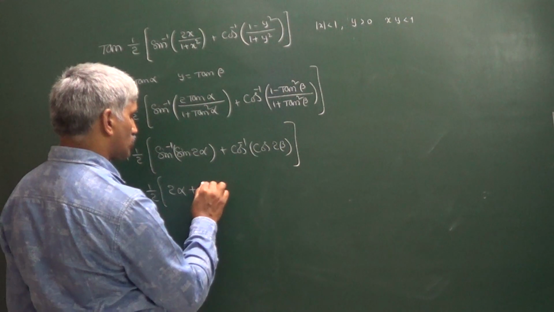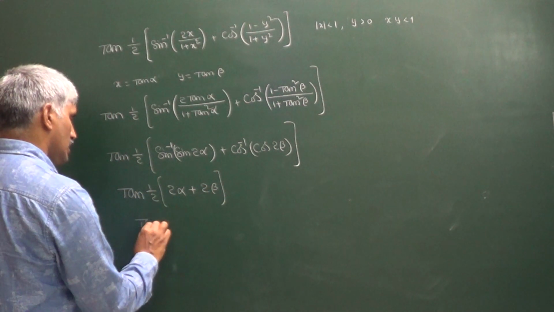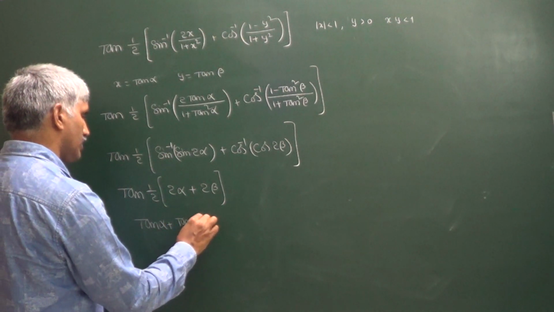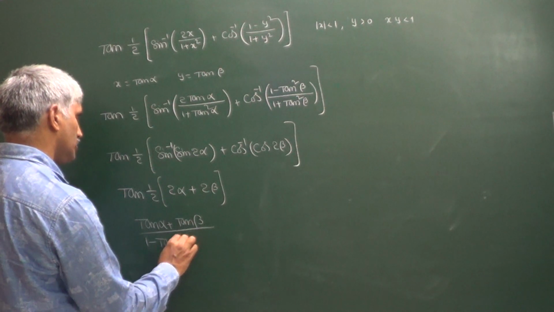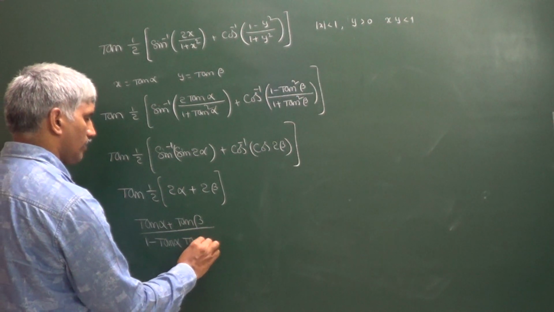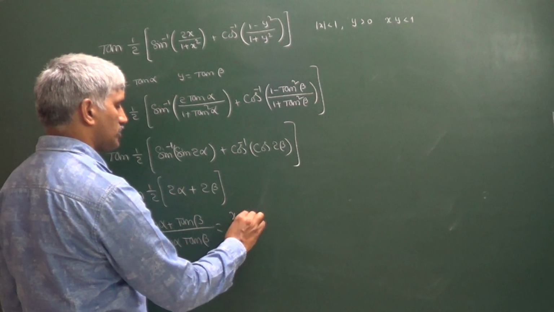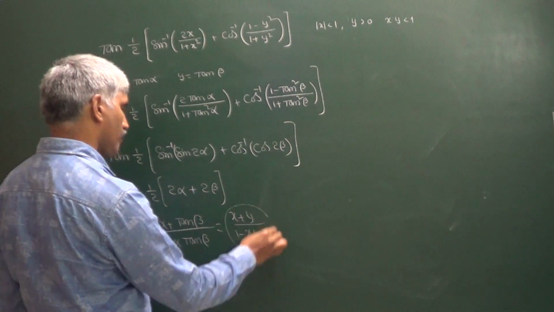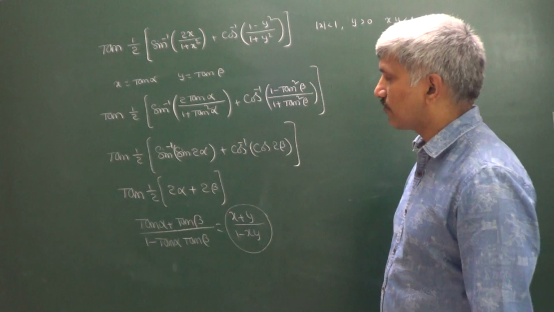Cos inverse of cos 2 beta, we can write 2 beta. Now 2 gets cancelled, tan of alpha plus beta, we can write as tan alpha plus tan beta divided by 1 minus tan alpha into tan beta. But what is tan alpha? Tan alpha is equal to x, so this is x plus y divided by 1 minus xy.